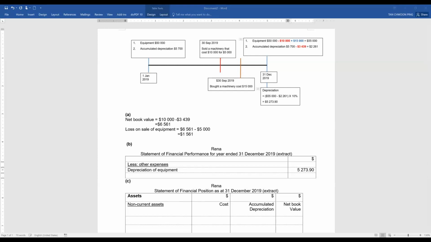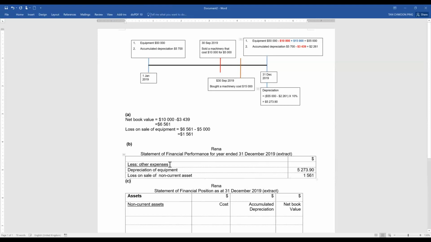If you are observant, you will realize that in part A, we have already calculated the loss on sales of your equipment, which is your loss on sales of non-current assets. That would have cost us another 1561. So these are all our expenses that we need to plug into the extract. Okay, that's for part B.